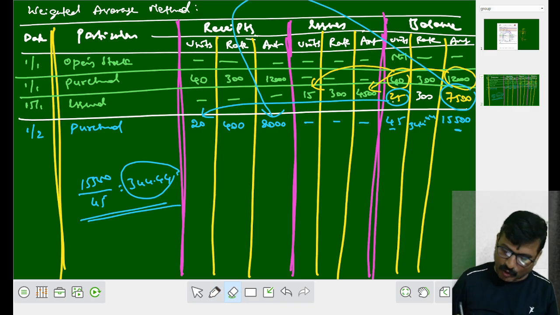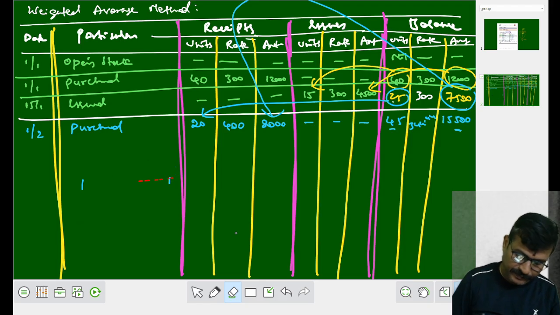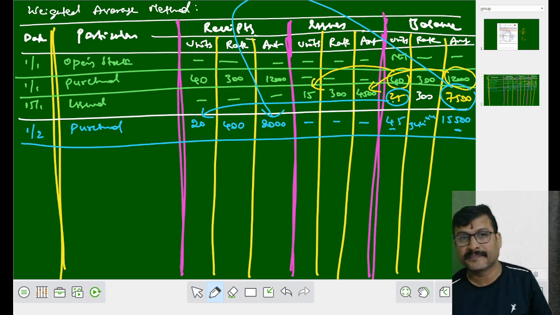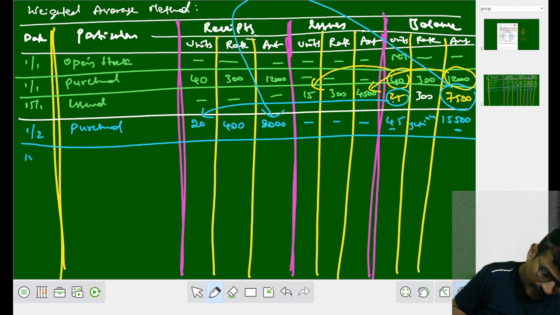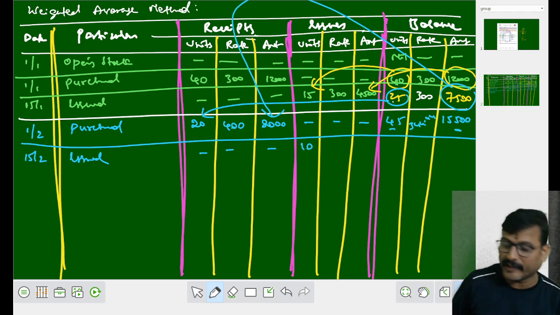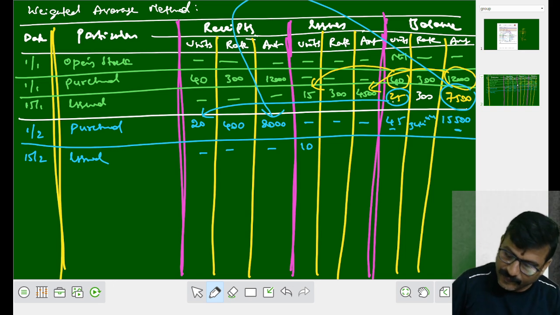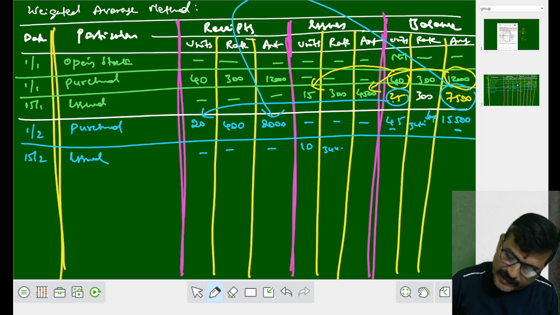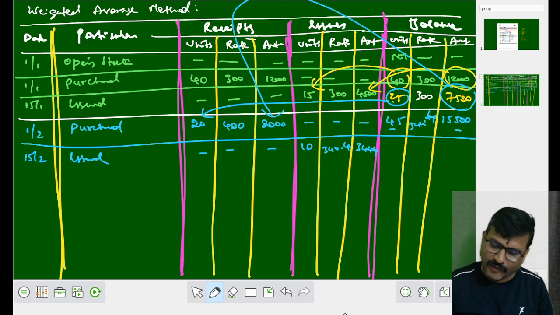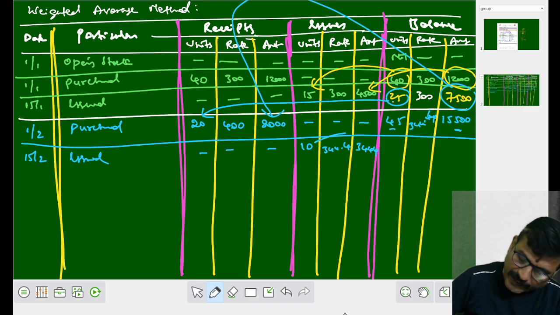Okay. Now I have to close this particular section. After 1st February, what happened? On 15th February issued 10 units. How many units? 10 units at the rate of 344, just take one decimal as 4. It comes to 3,444. Out of 45 subtract 10.